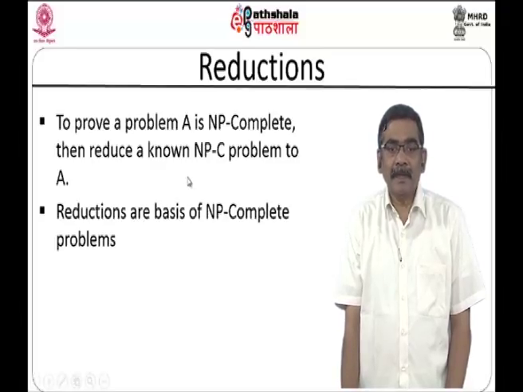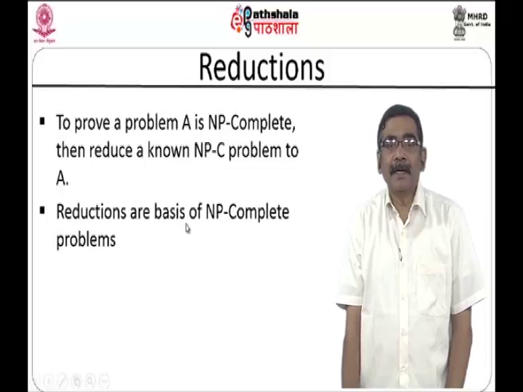Reduction is very simple. If I want to say that a problem A is NP complete, then I have to take some other well known NP complete problem, and then reduce that to the given problem A. If I am able to do that, I can say that this problem A is NP complete.